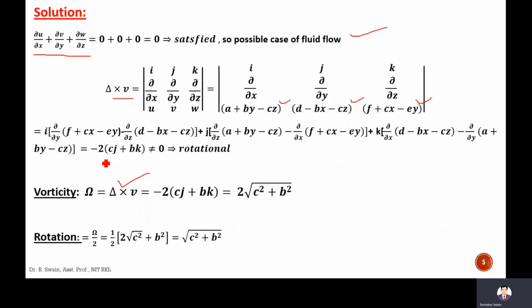If you simplify, you will get -2 times (c j plus b k). It is not 0, which means it is rotational, not irrotational. So the vorticity is -2 of (c j plus b k), that is 2 square root of c square plus b square. And the rotation is the vorticity divided by 2, which is square root of c square plus b square.